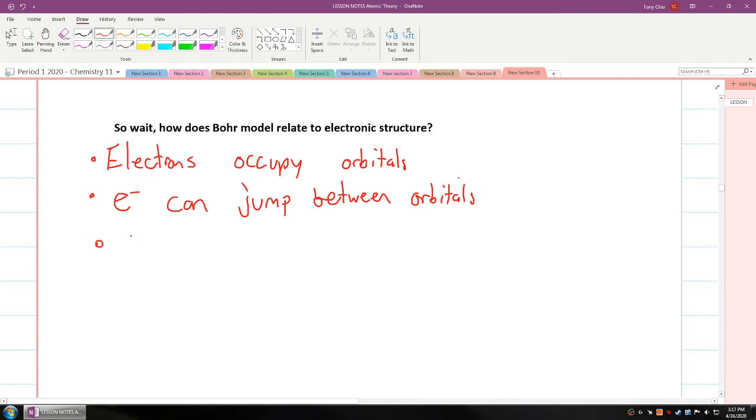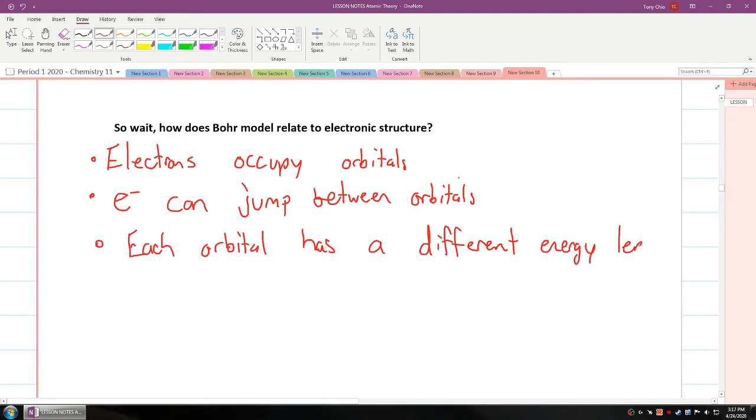where each orbital has what we call a different energy level. And because it has a different energy level, it takes more energy for it to go farther away from the nucleus.